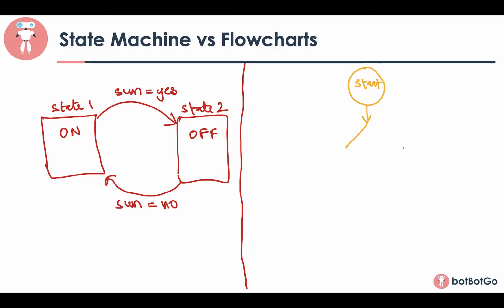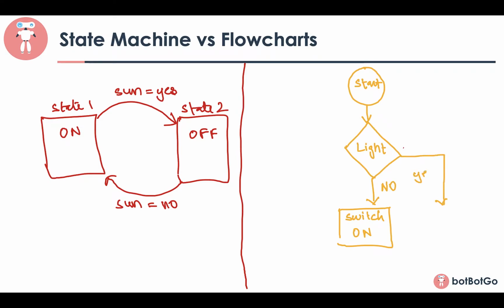Thereafter, there is a condition box, which checks if there is light, yes or no. If there is no light, in that case, the switch is turned on. And if there is light, then the switch is turned off.